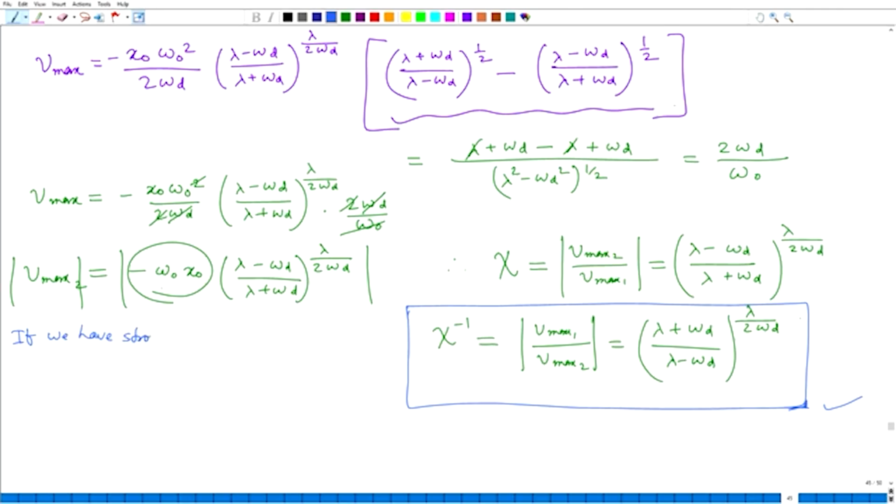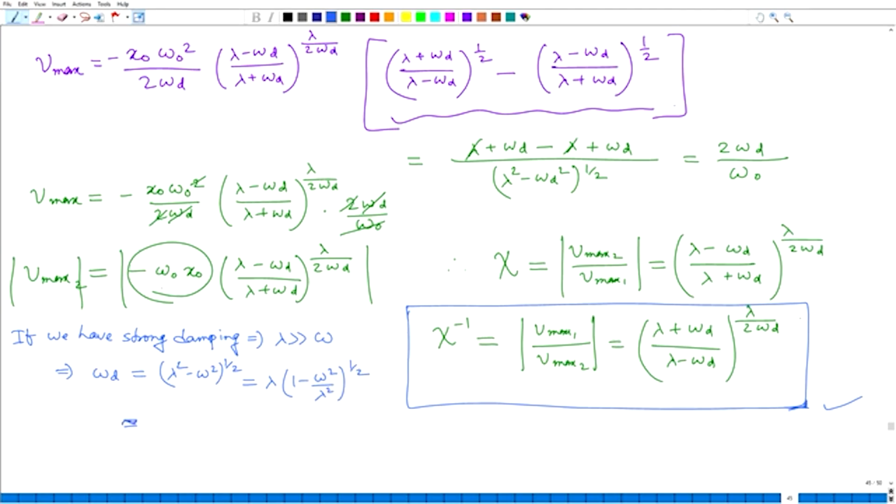In general, when we say over damped, that means lambda is greater than omega 0, but if we say strong damping, that is even stronger, that means lambda is much greater than omega, and that also means that omega d will then be equal to (lambda square minus omega square) whole to the half, and you can write this to be equal to lambda times (1 minus omega square by lambda square) whole to the half, just as we do in physics.